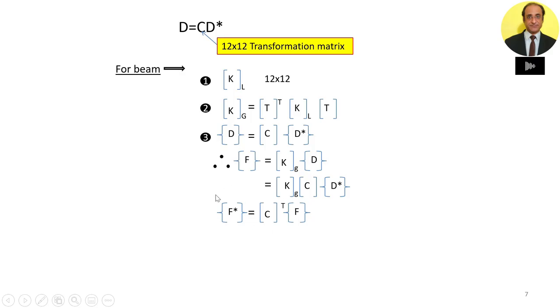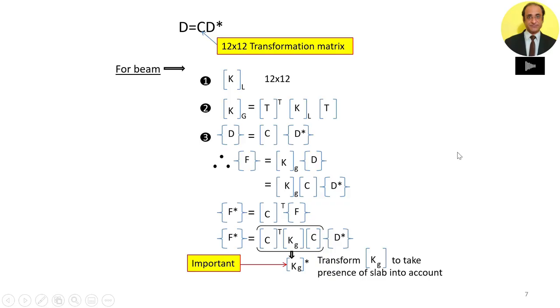So now we have the equation for the force transformation, and we can substitute the expression for force vector from this equation, then we get this kind of result. So what this shows is that the forces and the displacements, they are now transformed forces and displacements referring to the reference point. And for this purpose, we need to pre-multiply the stiffness matrix of the member in global coordinates with C transpose and post multiply it by C.